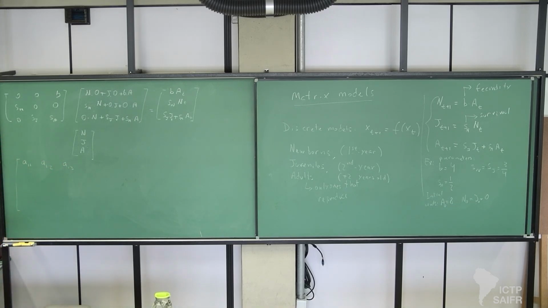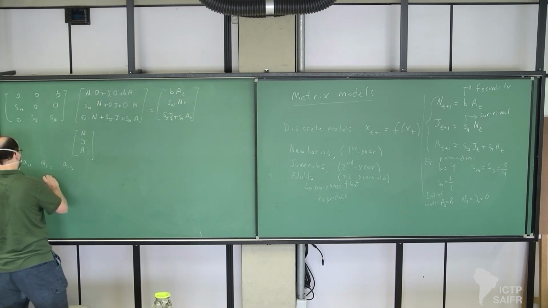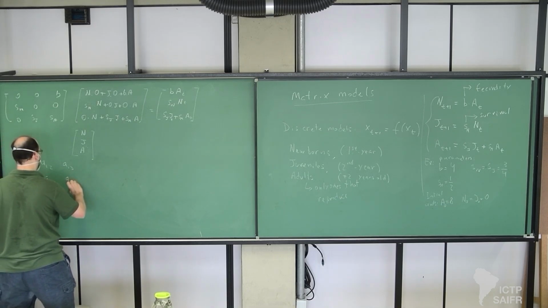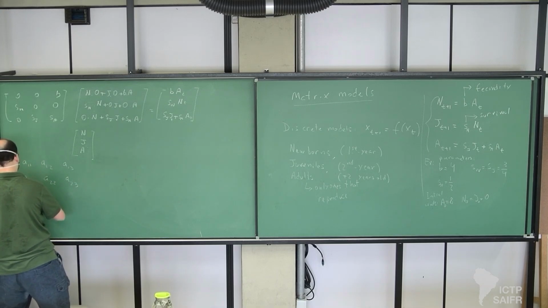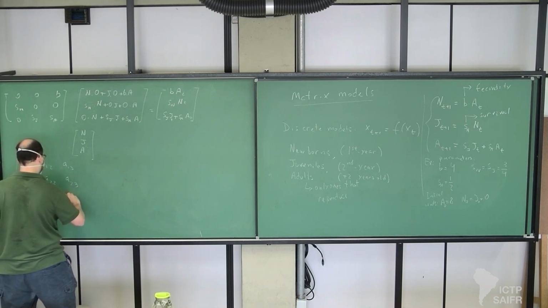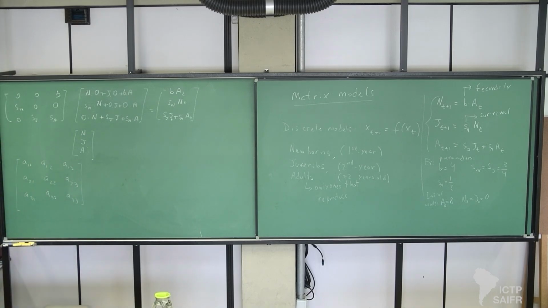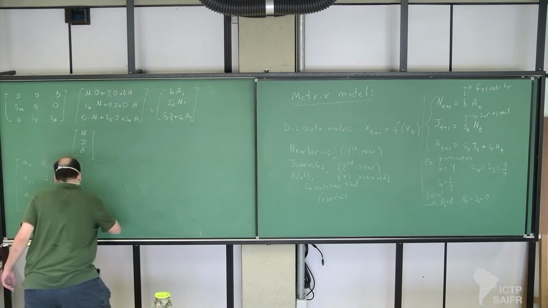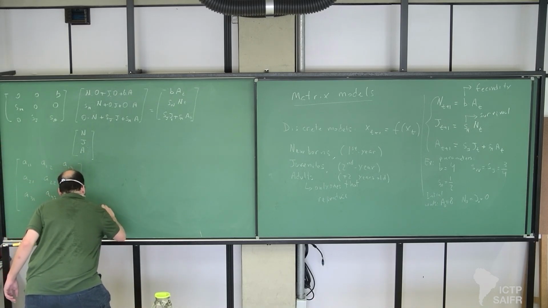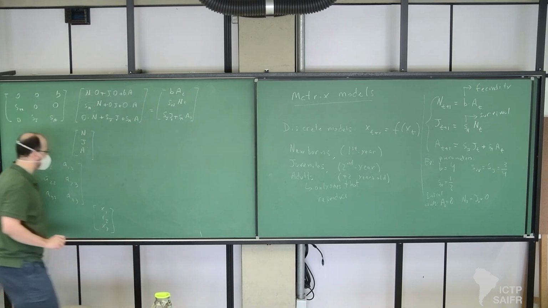And just see here that of the two indexes, the first one is for the line and the second one is for the column. It looks like this, multiplied by a vector. I call this x1, x2, x3.